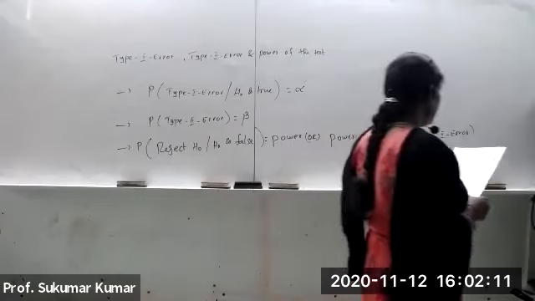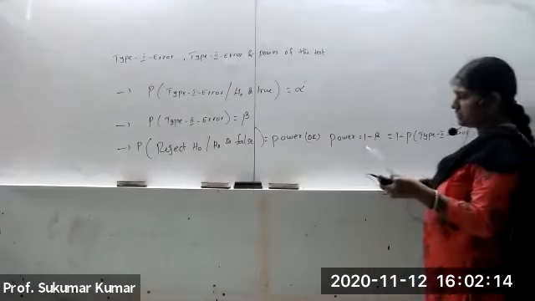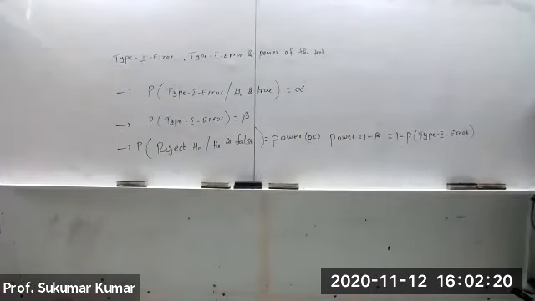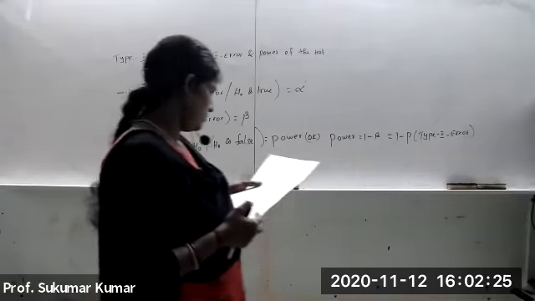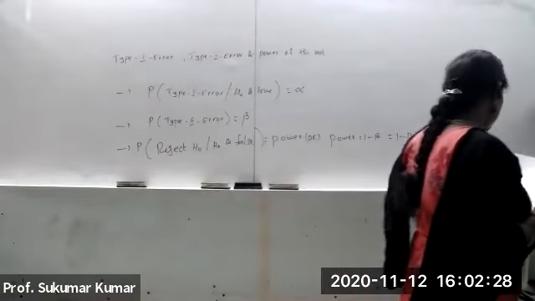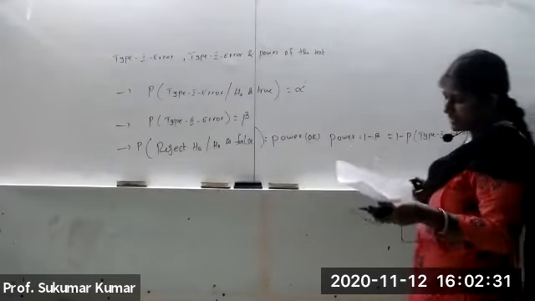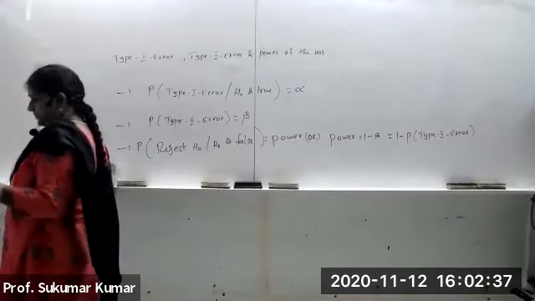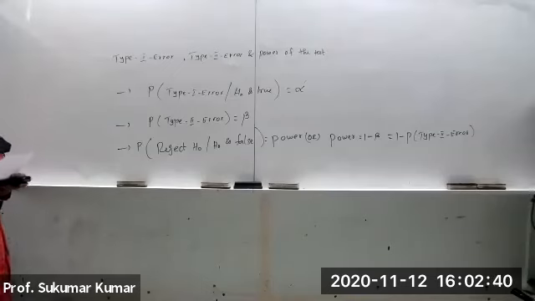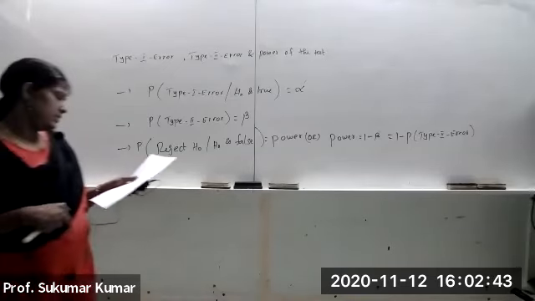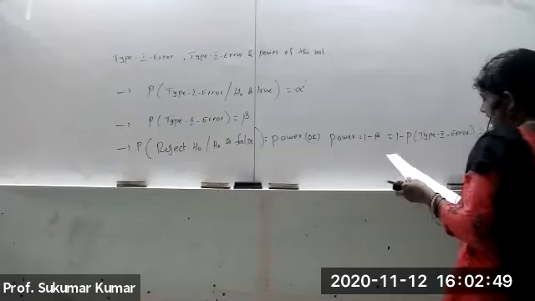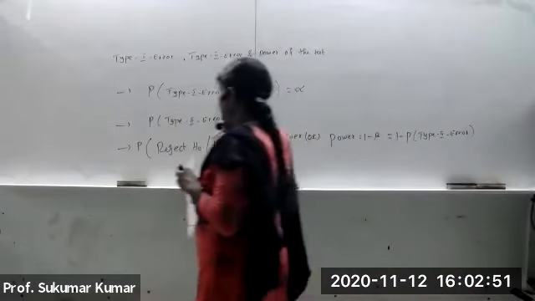Note the relationship between alpha and beta. Suppose alpha is increasing, then the probability of type 2 error, beta, is decreasing, thereby increasing the power of the test.